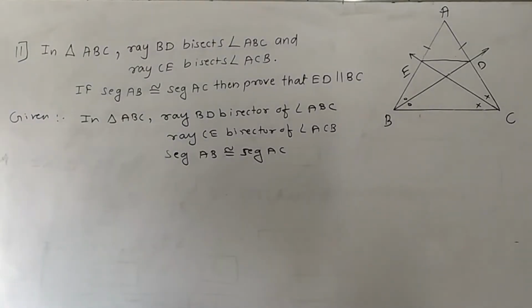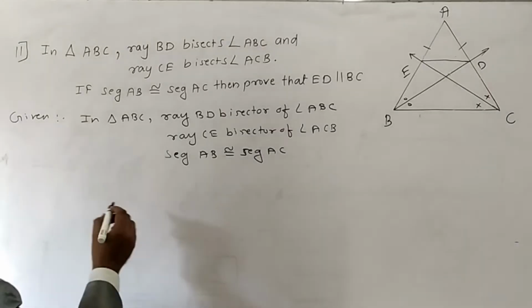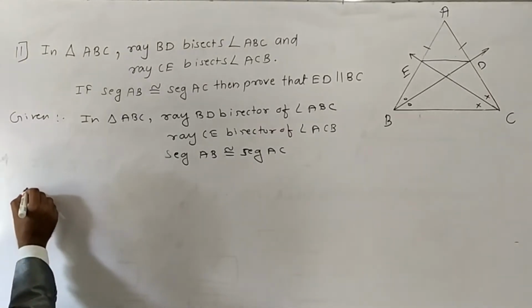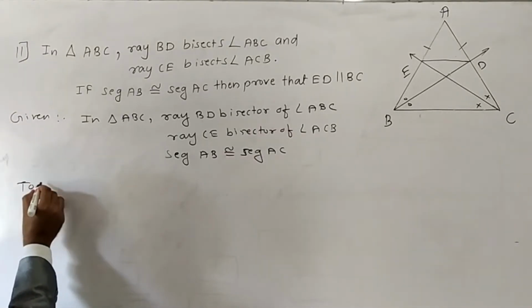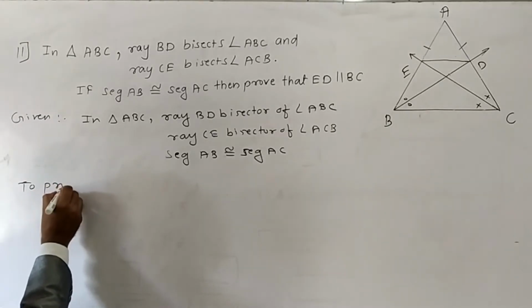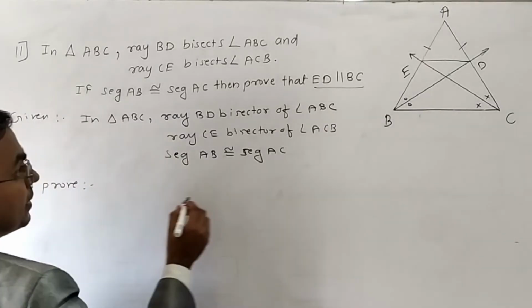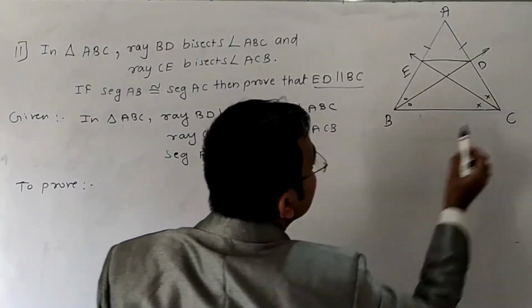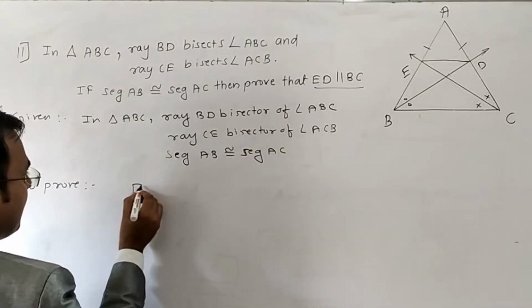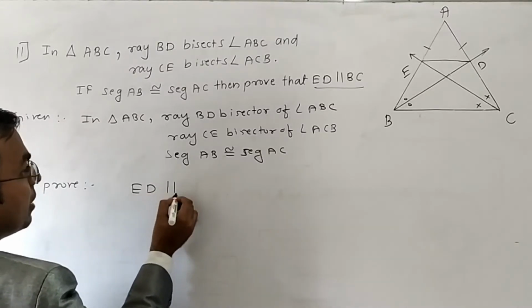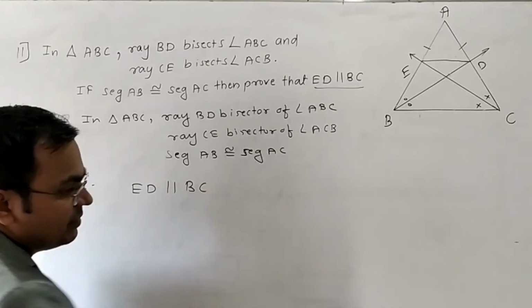Okay, so this is given to us to prove that ED is parallel to BC. This ED parallel to BC we have to prove.